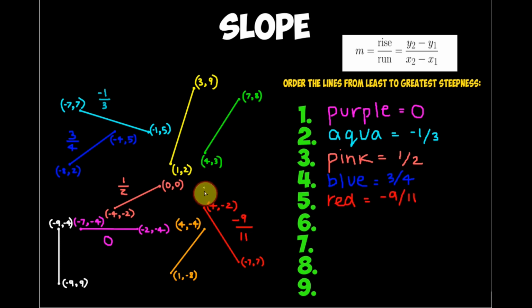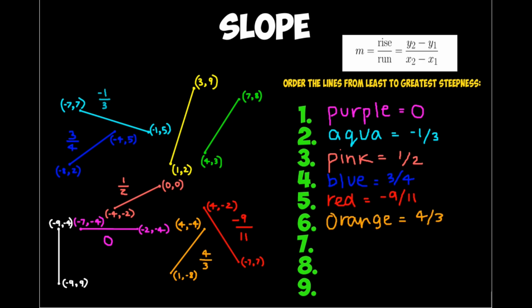Next, we'll do orange right here. The y2 for this is negative 4 minus negative 8, divided by 4 minus 1, which gets us negative 4 plus 8, which is 4, divided by 3. So the slope for this is 4 over 3. Let's put that down.